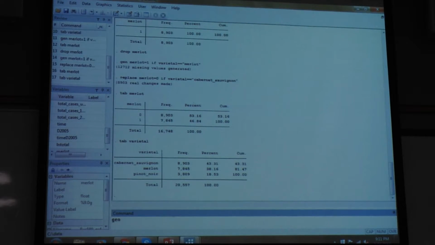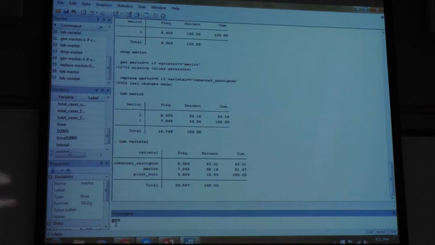It's the time times 2005. It's up there. We used it before for the first regression. So if it worked for the first regression, we'll assume it's still there and works for the second regression.